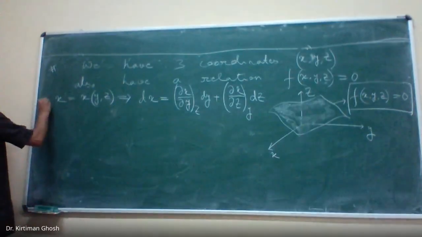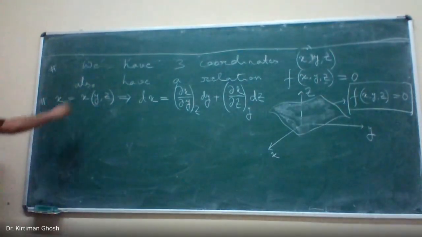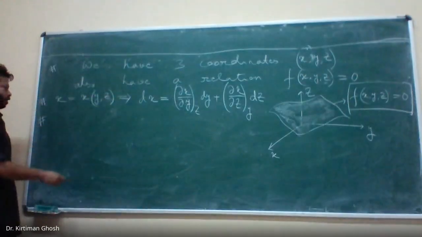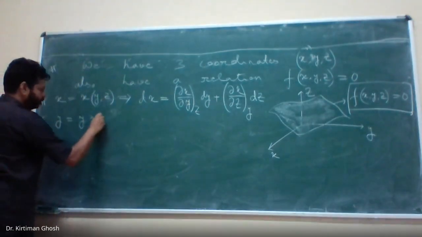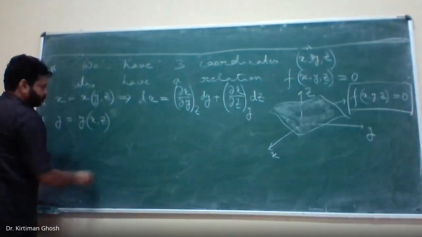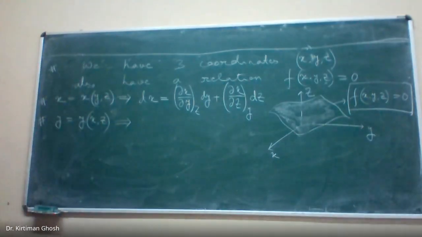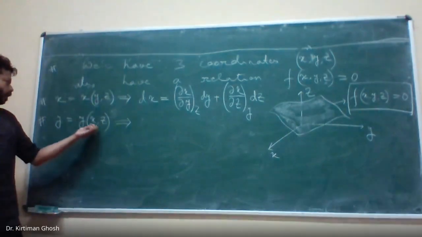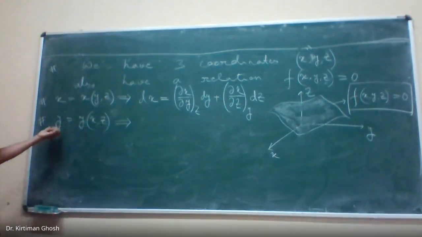This is one particular description. Without loss of generality, I can solve that equation and write y as a function of x and z, and do the same thing. I can change x to x plus dx and z to z plus dz and calculate the change in y.